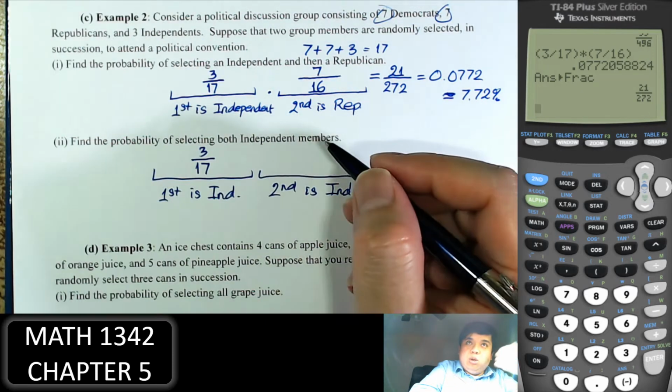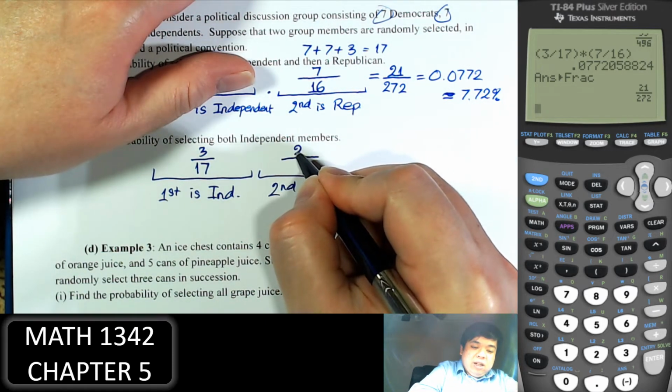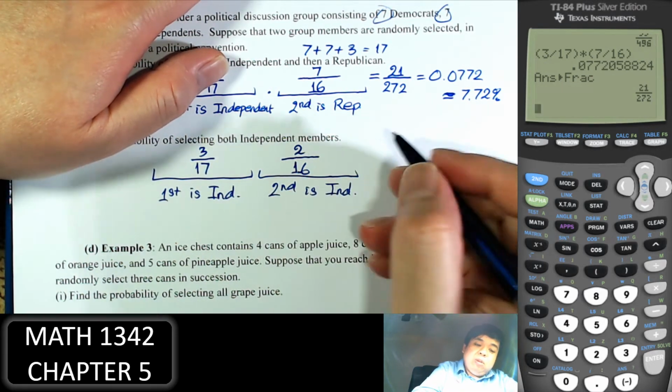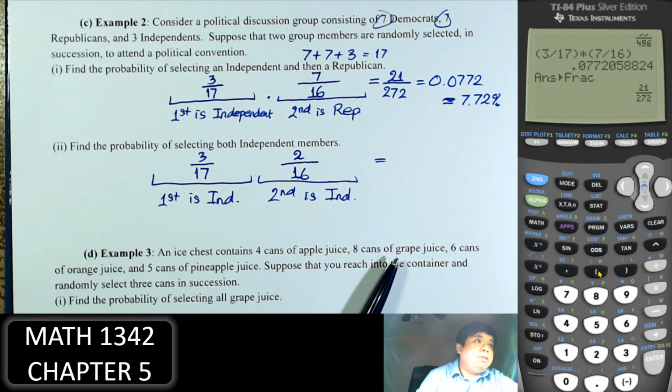Now we choose the first one independent. There will be only 2 left, and we chose 1 out of 17, so there will be 16 left. So we end up with that, and that gives us 3 divided by 17 times 2 divided by 16, or 1/8.